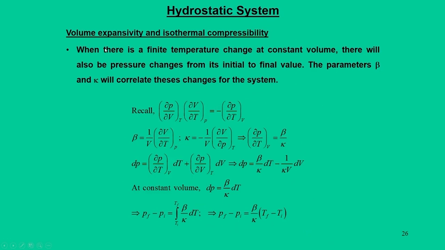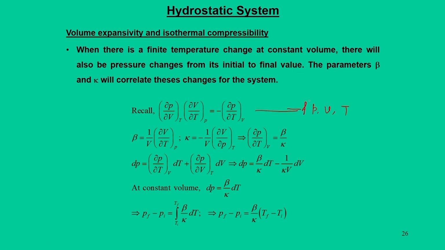Now, let us recall our understanding of how both volume expansivity and isothermal compressibility are related. Here we are going to apply the first relation, that is between pressure, volume and temperature, which is nothing but the reciprocal relation.